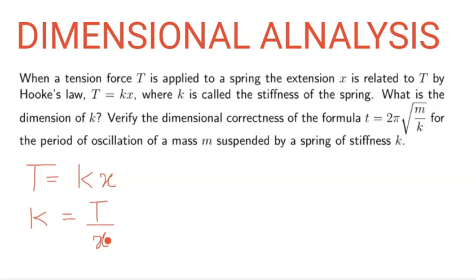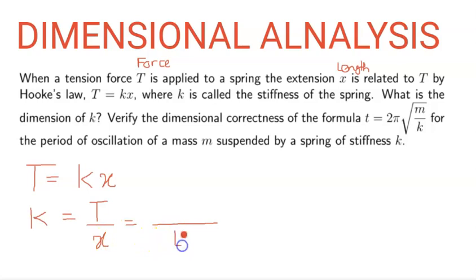Now remember, X is the length. T is the force. And we already know what the dimension for the force is. So I'm just going to straight away put the dimension of the force, and the dimension of the length.